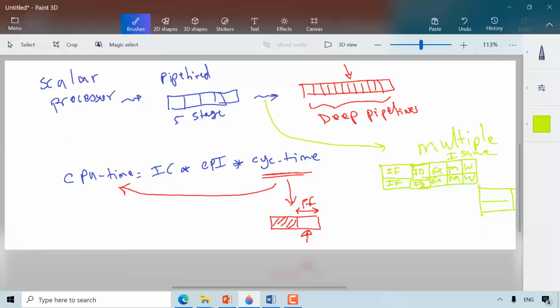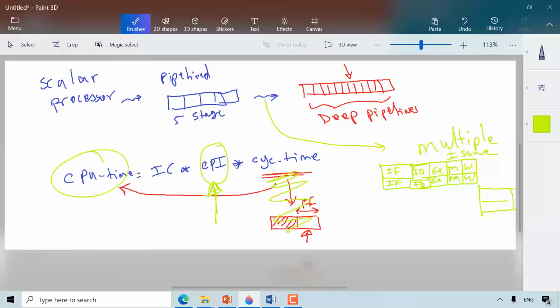multiple issue processors. And their plan of attack is to reduce the CPI. So they are not reducing the cycle time. They are reducing the CPI, making the CPI less than one, like a half or a quarter, and therefore you reduce the CPU time.